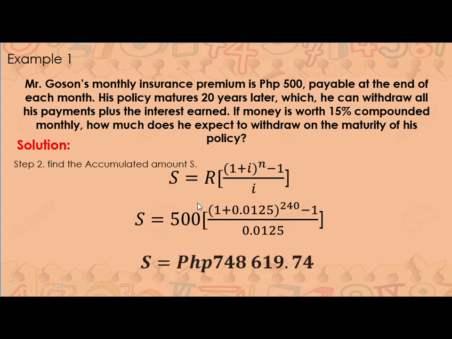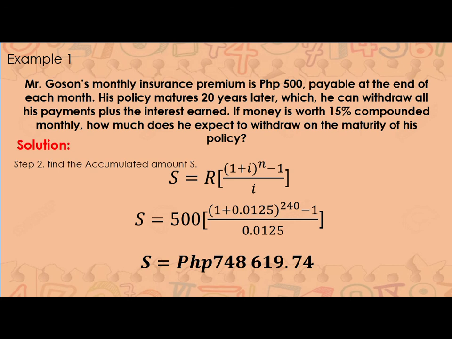If that's so, the result will be 748,619.74. Thus, the maturity value that he expects to withdraw will be 748,619.74 at the end of 20 years.